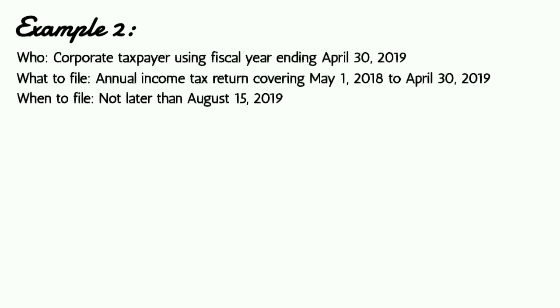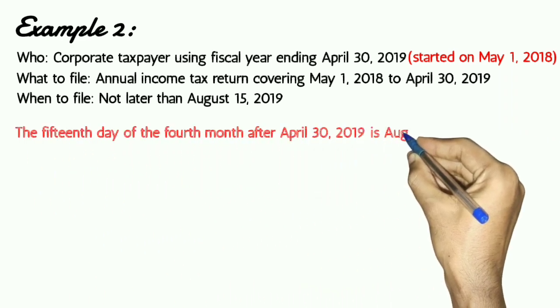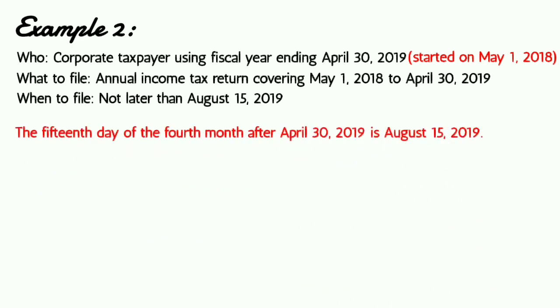Kailan nagtapos? April 30, 2019. If the end of the taxable year is April 30, 2019, magbibilang tayo ng 4 months after April. So that means May, June, July, August. August yung 4th month after April.